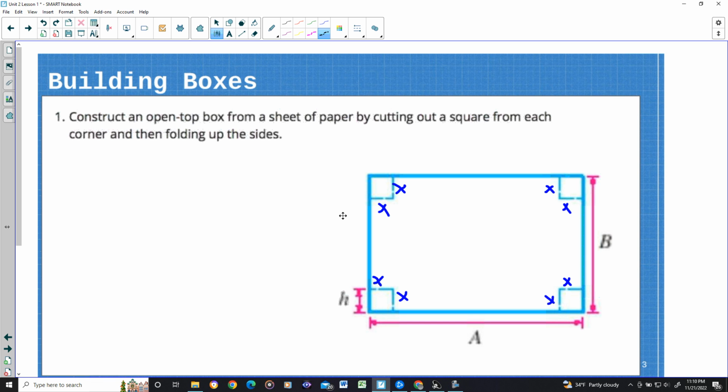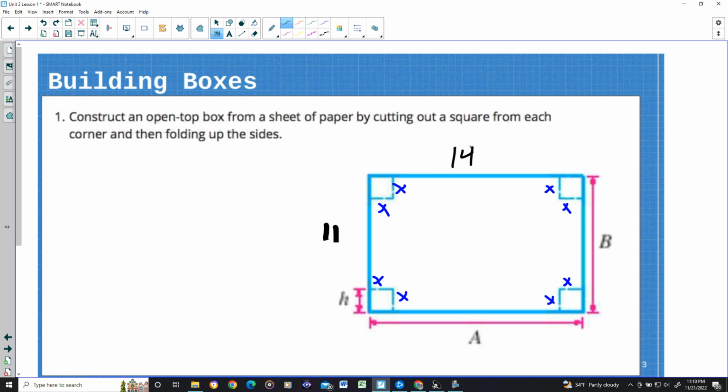So one common size of paper that we might find is 11 by 14. 11 by 14 is kind of like a picture frame sort of size. So let's do that. We'll do 11 and 14.